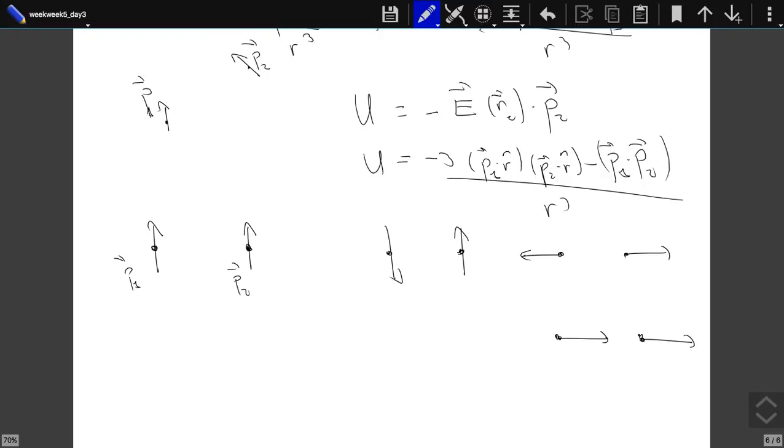Which one has the minimum potential? First and the fourth. Okay, let's see who has read the chapters. Yes, which one has the lowest potential? Second and third, okay. First and fourth is second and third.